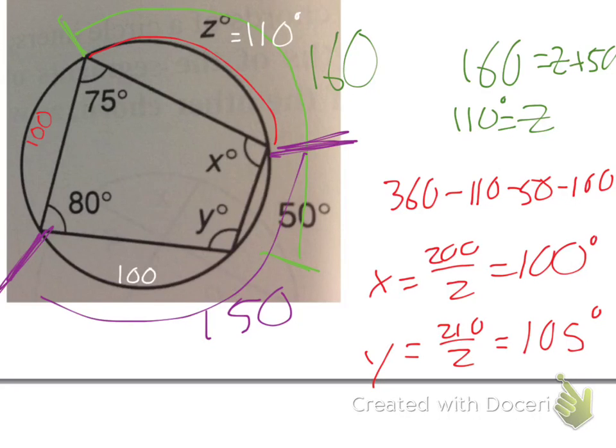Hey guys, what's 75 plus y? What's y again? 105. What's 105 plus 75? 180. What's 80 plus 100? 180. Guys, what's the property of a quadrilateral? Opposite corners will add to 180. Oh, Nick. So we are able to find it a couple different ways.